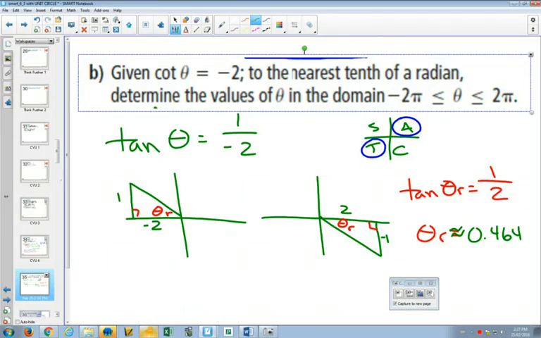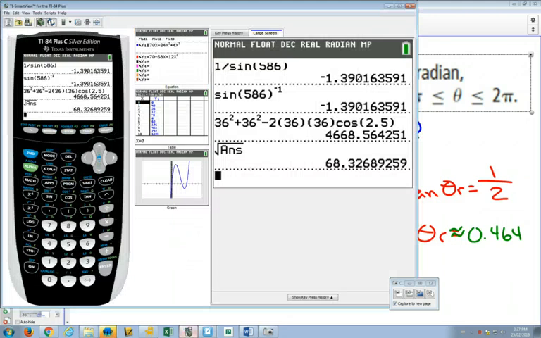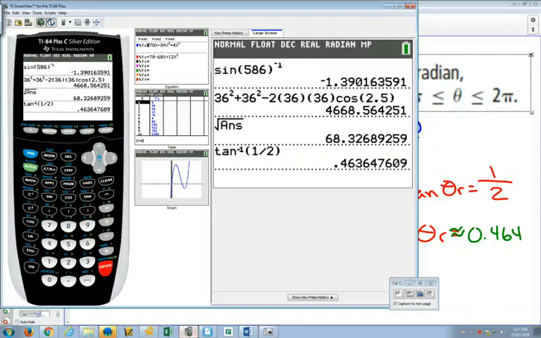In fact, since I'm going to use this reference angle for a number of things, how many people have used the store button on their calculator and know how to use it? Okay? So what we just did was tan inverse of 1 divided by 2 to get our reference angle, 0.464. Right above the on button is your store button.